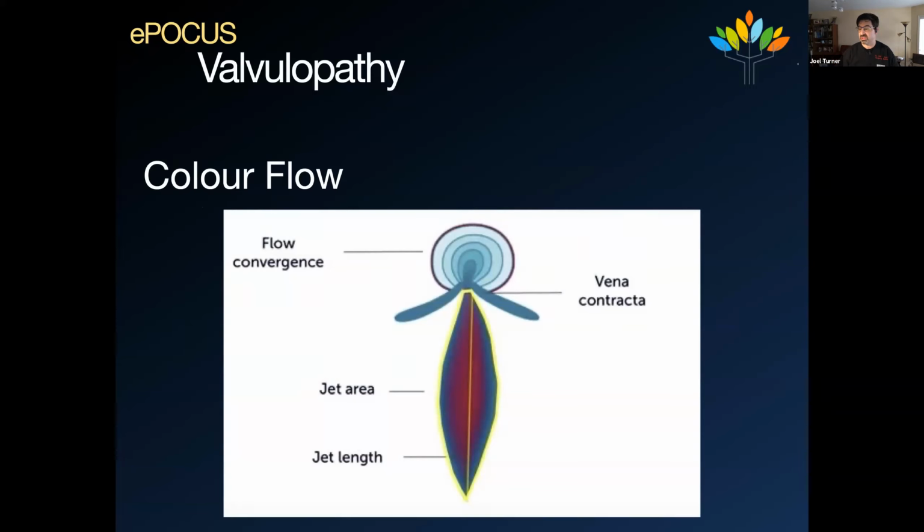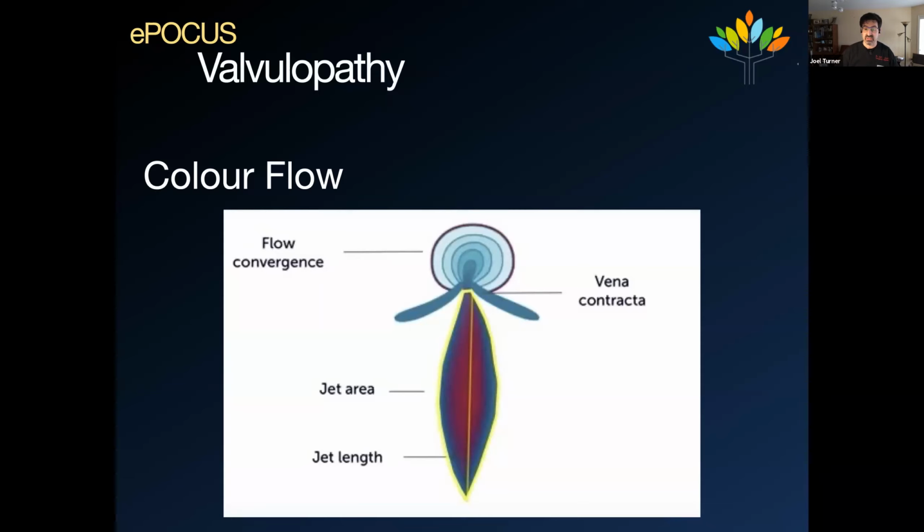The flow convergence is a very important measure of the severity of the regurgitation. So the bigger the convergence area, the larger the regurgitation is. Unfortunately, it is quite technical to measure, and if these people are tachycardic, it's a little bit challenging. So I wouldn't really advise you to use that as your measure to identify the severity of the valvulopathy.